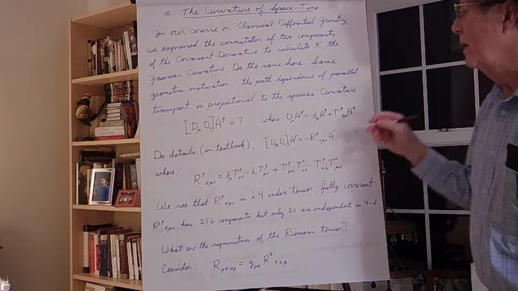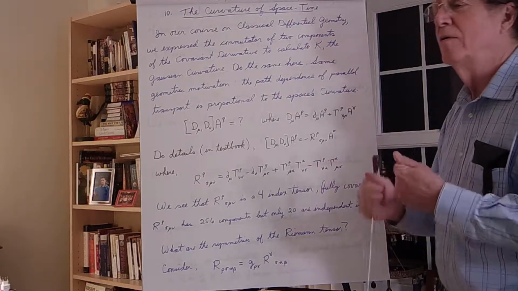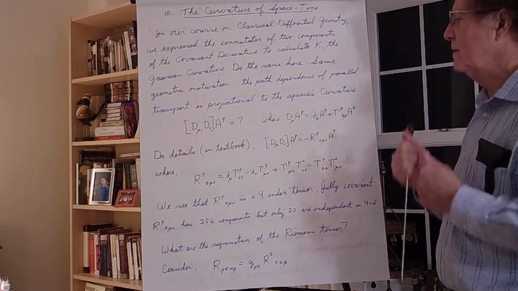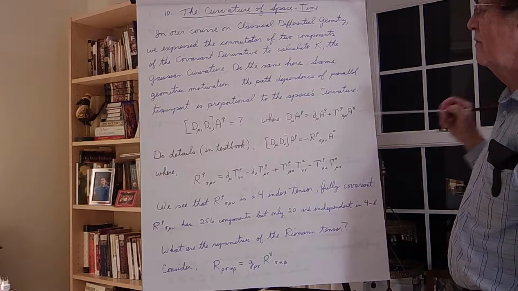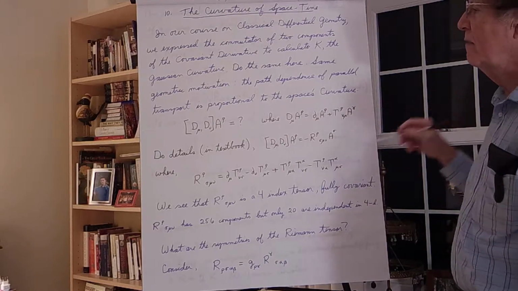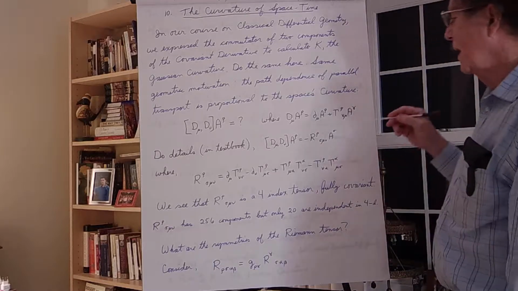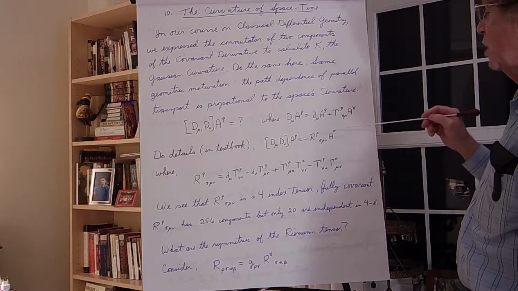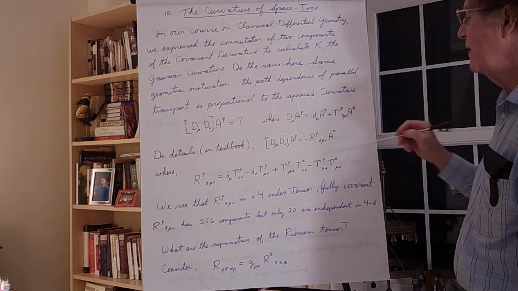Now I simply explicitly, no inspiration at all, just slog through the left-hand side, take the covariant derivative, and take the other covariant derivative, take minus the covariant derivatives in the other order, and I'll get a result which is proportional to the vector I'm applying it to times a coefficient.